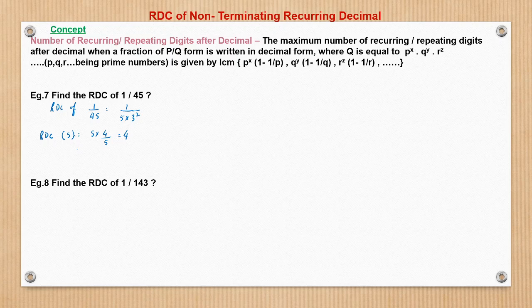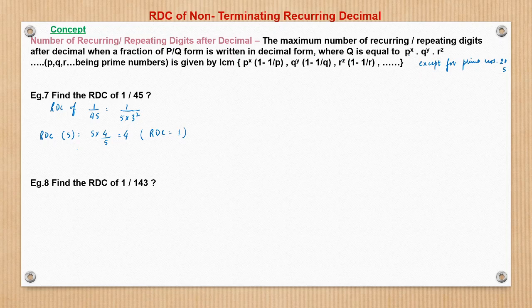We know that for 2 and 5 the RDC would be, though it's coming 4, actually 1. There's no repetition, right? There's no repetition, RDC is 1. So this formula is not valid for prime numbers 2 and 5.